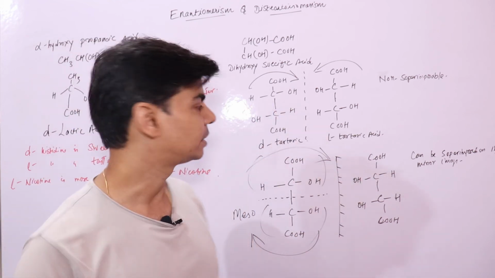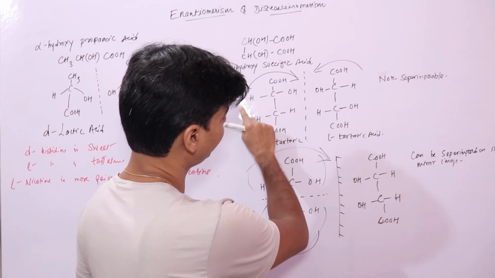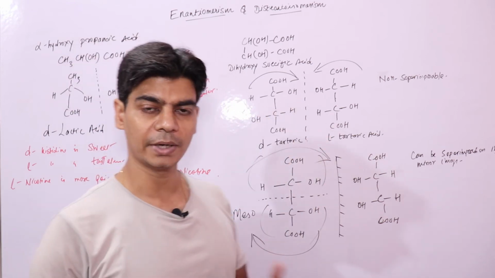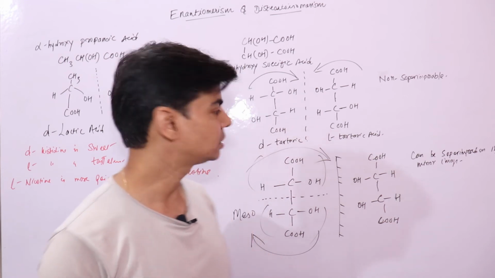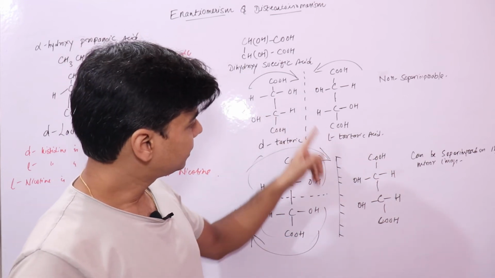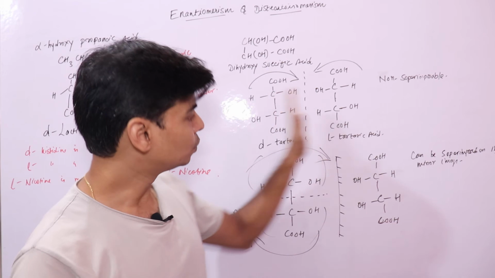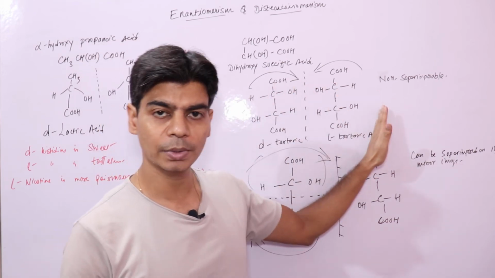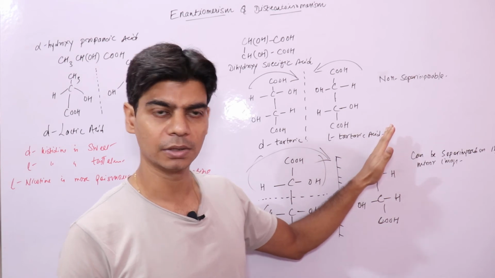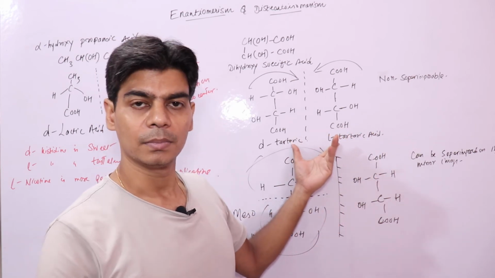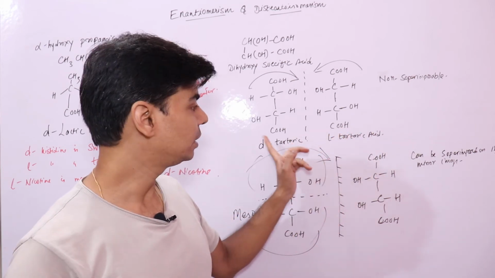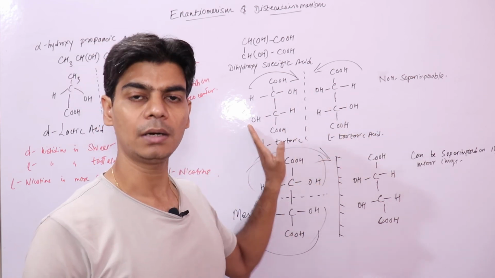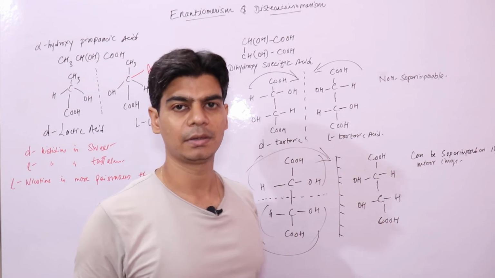If you try to divide it in half, it would not be divided into two exactly same parts. So these two that are non-superimposable mirror images of one another are optical isomers. These are enantiomers, which are non-superimposable mirror images of one another.